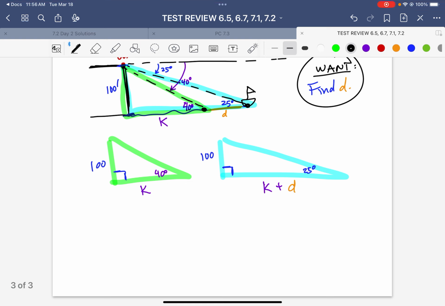So if I now write down some true facts, I know that the tangent of 40 degrees is its opposite over adjacent. And I also know that the tangent of 25 degrees is going to be its opposite over its adjacent.